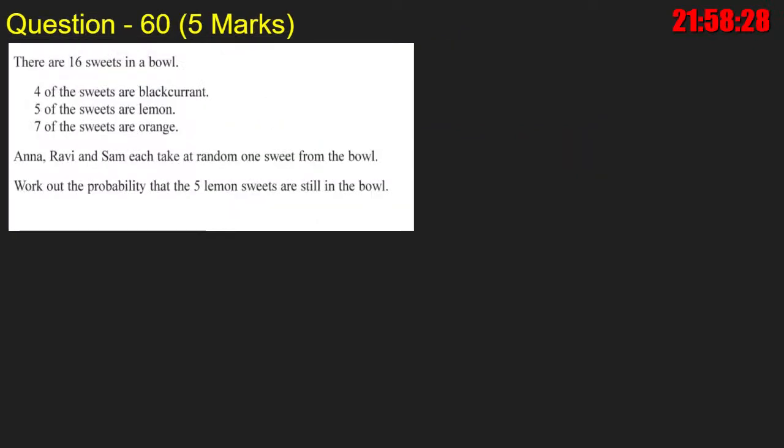Question number 60. There are 16 sweets in a bowl, right? 16 total. So total is going to be 16. And 4 of the sweets are blackcurrant. So blackcurrant is 4, and lemon is going to be 5, and orange is going to be 7. Right? So this is the total.